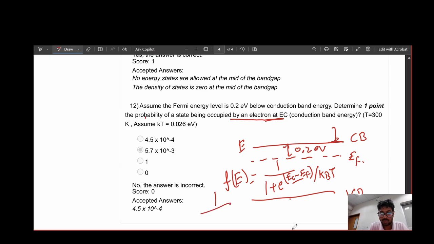That will be 1 over 1 plus e raised to power 0.2 divided by 0.026. Just solve this one, you will get the answer.